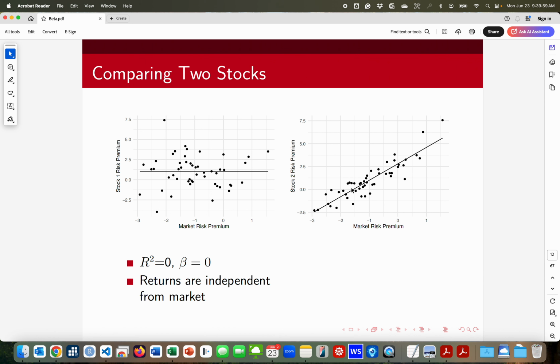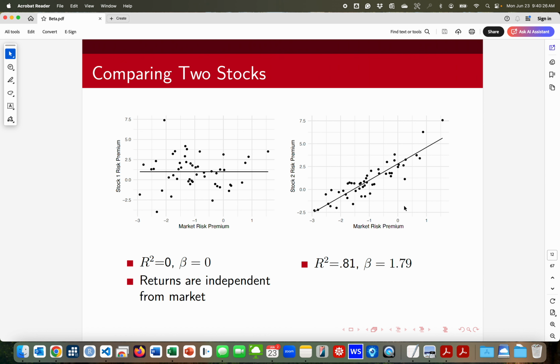And this other example where they're highly correlated with each other, we're getting an R square of 0.81 and a beta of 1.79, which tells us if the market risk premium increases by 1, the stock risk premium will increase by 1.79. So the risk premium is actually moving in the same direction, but it's moving more than the market risk premium.